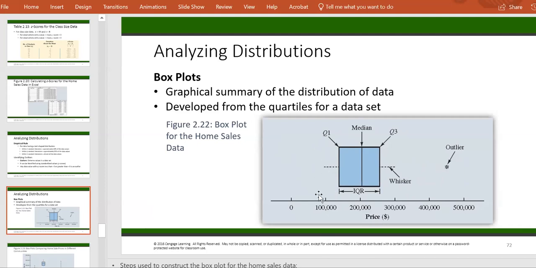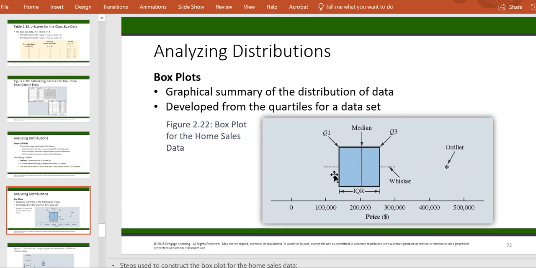It gives you the minimum of the data file, the first quartile, the median, which is also the second quartile, the third quartile, and the maximum. And if there is anything that is far from the rest of the observations, it identifies it as an outlier. It just puts it at the end and excludes it from the rest.